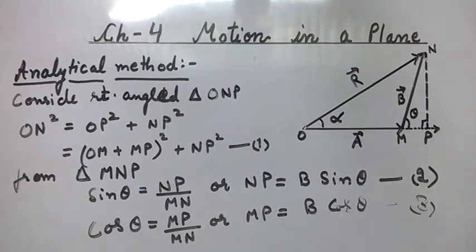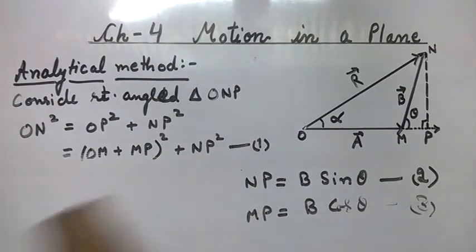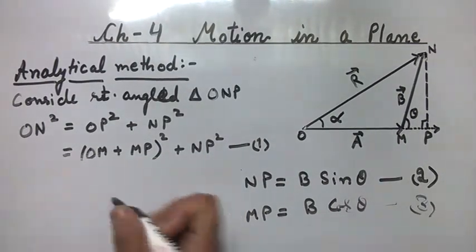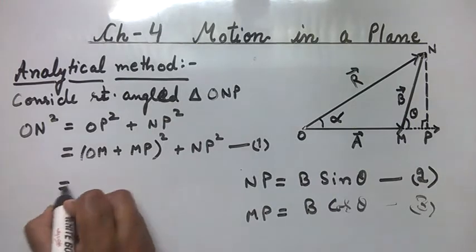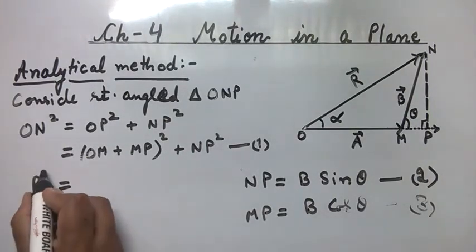Now substitute 2 and 3 in equation number 1. That is, ON square, we can write it as R square in magnitude form.